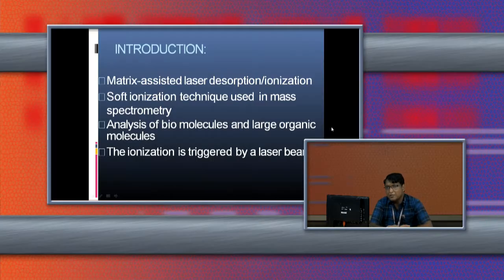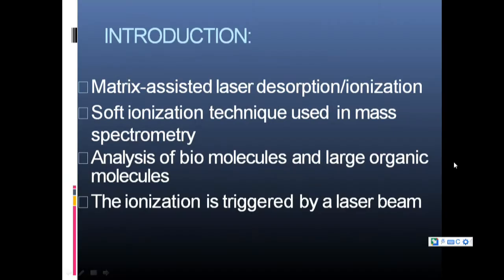It is in connection with MS. Don't split MALDI and MS into different topics. MALDI is a procedure for ionizing or digesting the proteins in a simple way, so we can analyze biomolecules and large organic molecules. It's very, very important.